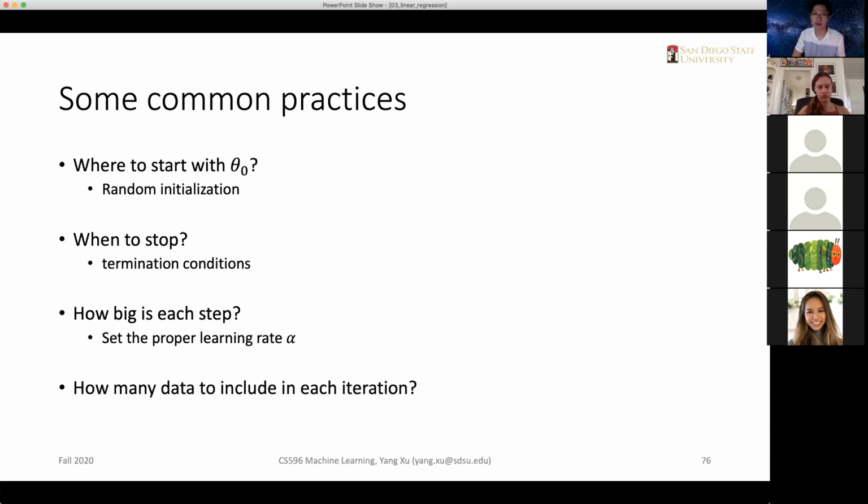All right, and the last important question is how much data to include in each iteration. In the example that we used for the simple linear regression and the multiple linear regression models, we implicitly use all the data in one iteration.